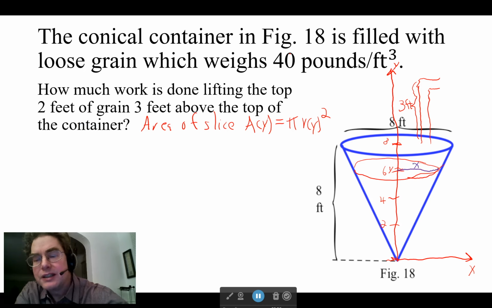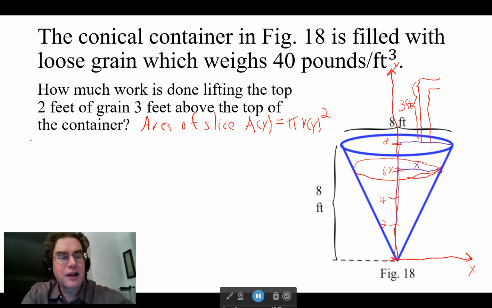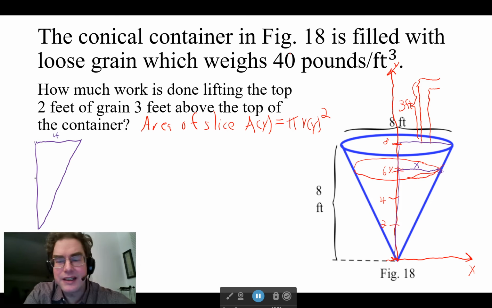That's going to be the x-coordinate of the point over here. We can either figure out an equation for the line at the edge of our cone there, or we can use the fact that we've got similar triangles, and so let's leverage that fact. Let's put the triangles over here. We know at the top, the radius of our very top circle is going to be 4 because its diameter is 8.